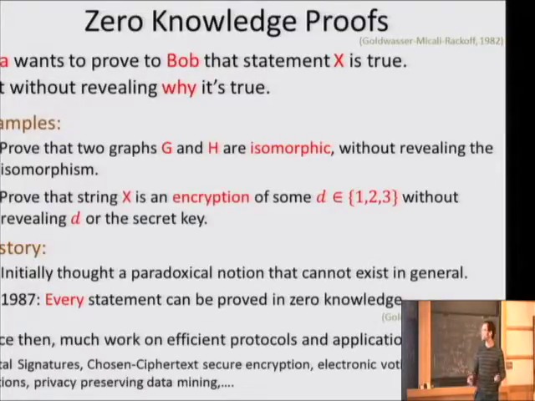Efficient variants for particular encryption schemes and particular statements have been developed, proving them very efficiently, and that's used all over the place in lots of cryptographic applications. But for us, what we need is just this: you want to prove that a statement is true without revealing why it's true, and cryptography tells you that in principle this is possible.